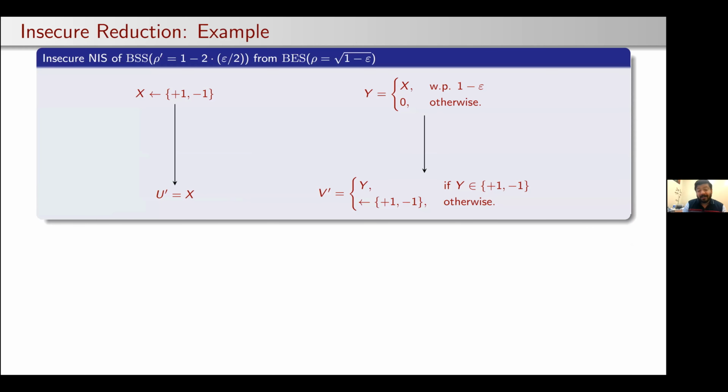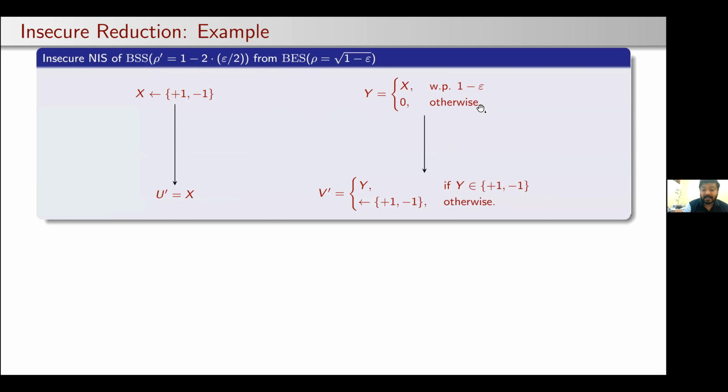So let's begin with an insecure reduction and try to understand why this reduction is insecure. To begin, we are given correlated samples from a binary erasure source. Alice has a random bit. Bob receives the bit with probability 1 minus epsilon.